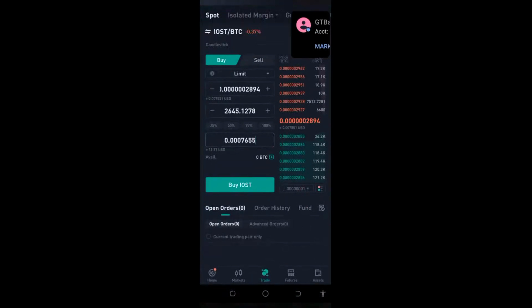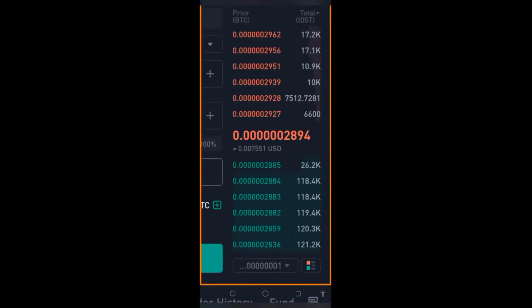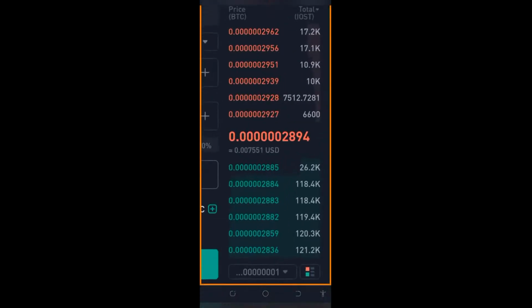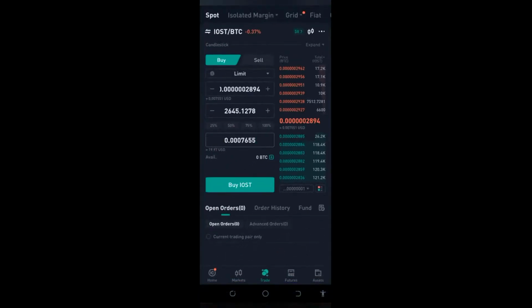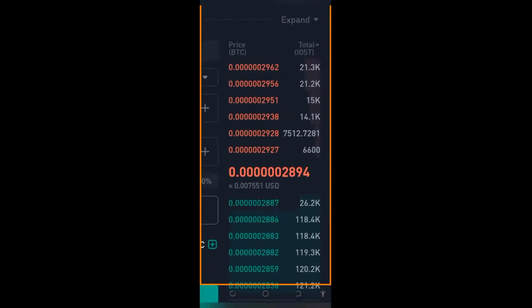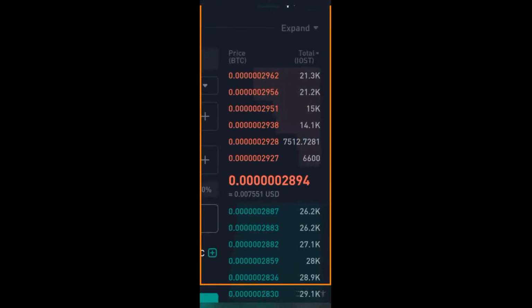Before he was looking at this order book as being in dollars or USDT, like when it says 26.2K, it means 26.2 thousand USDT. No, but it means that what they have here is 26,200 pieces of IOST already in the queue to be bought, right? Same goes here. We've got 6,600 pieces of IOST that want to be sold.